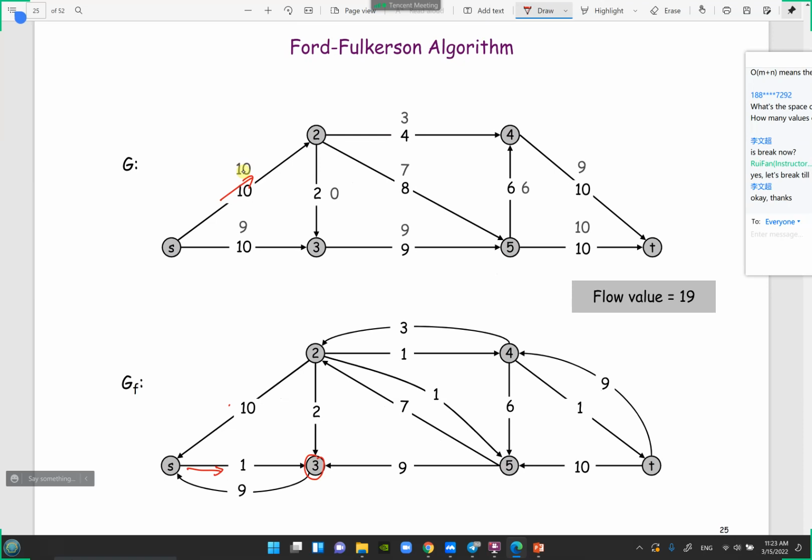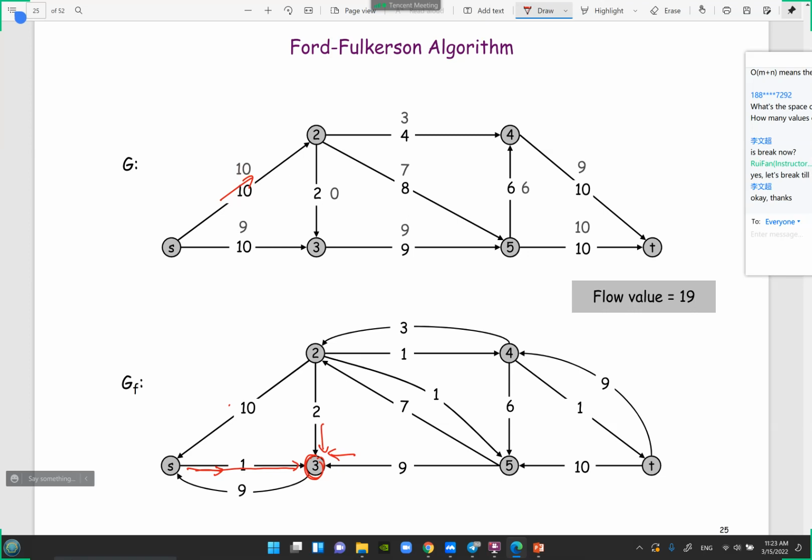But once you get over here, you see that all of the edges which come out from node 3 don't have any more capacity. There are only incoming edges into node 3. So once you send 1 unit of flow over here, you can't send that flow out anymore.